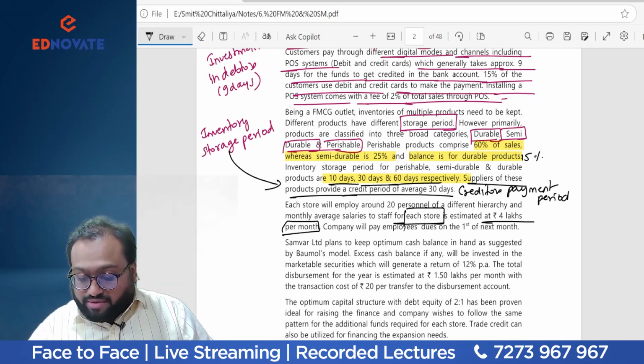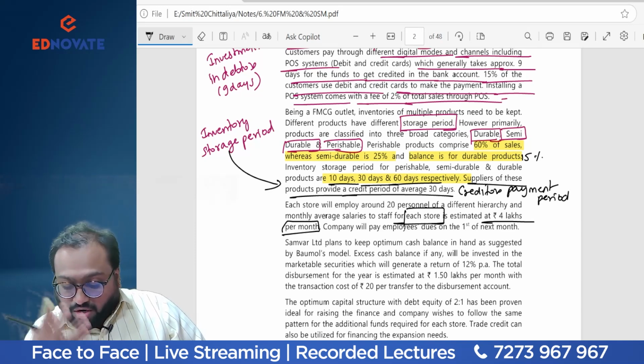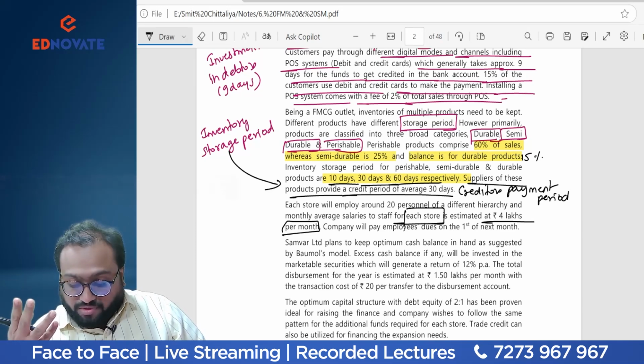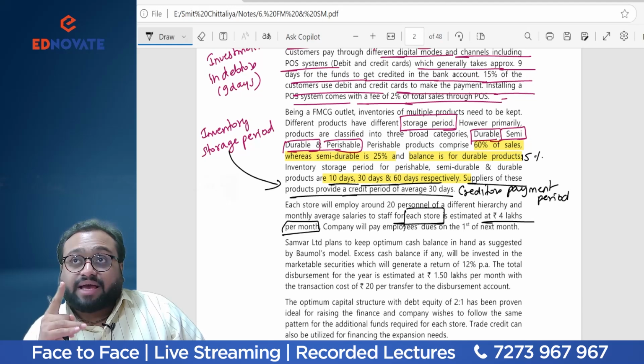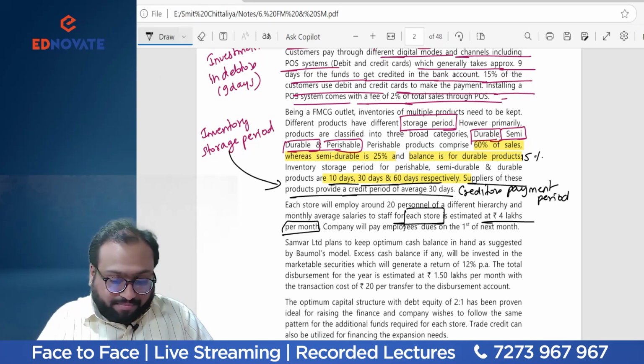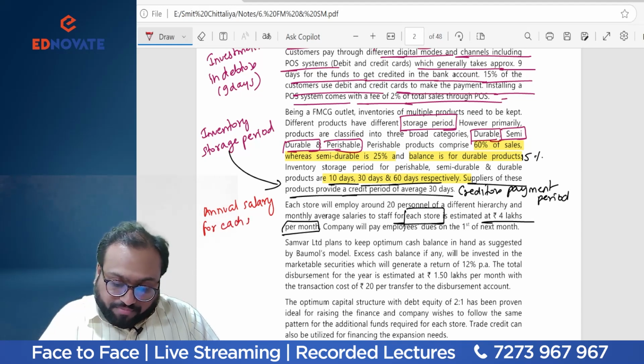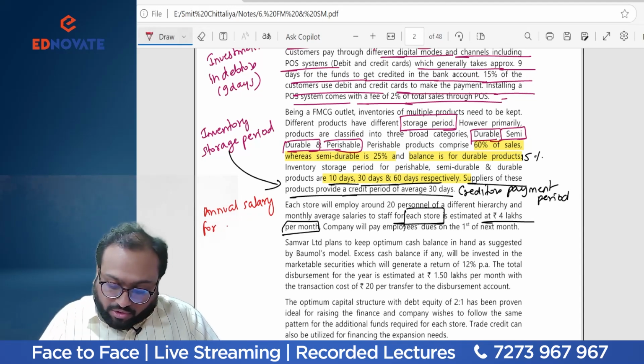So I can say 48 lakhs will be my annual salary of one store. Okay, we'll write down over here: annual salary for each store will be rupees 48 lakhs.